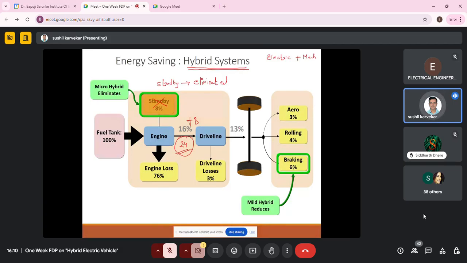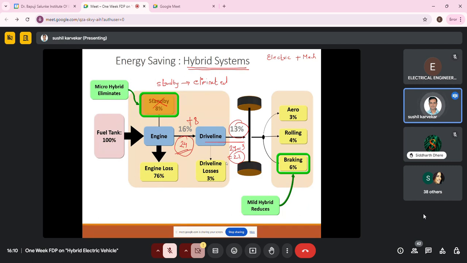So this 13% which was present previously is going to be 24 minus 3, which would be 21%. We can see that the net improvement is from 13 to 21%. That's the advantage of making use of the mild component.